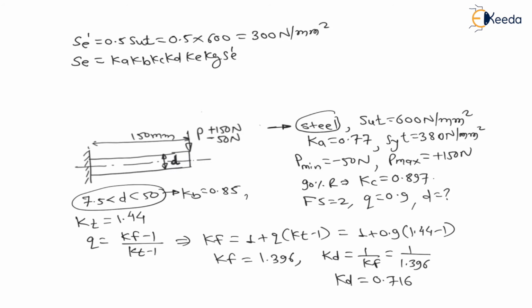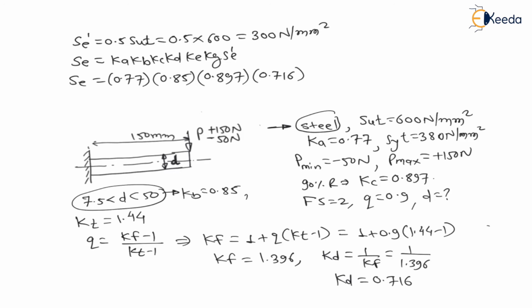Here Ka is the surface finish factor which is 0.77, Kb is the size factor which is 0.85, Kc is the reliability factor which is 0.897, Kd is the modified stress concentration factor which is 0.716, and Ke is the load factor.